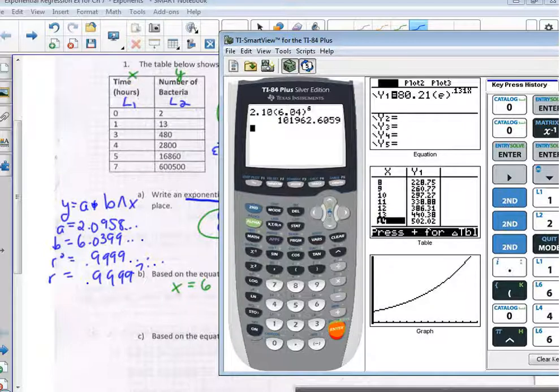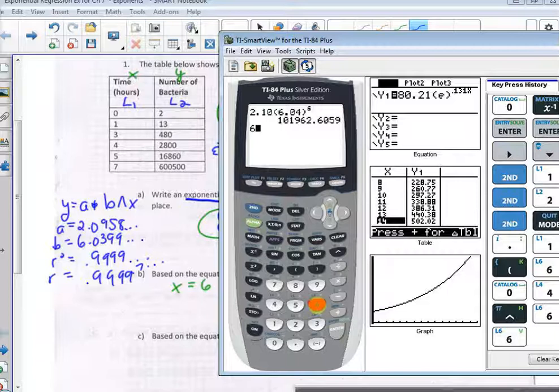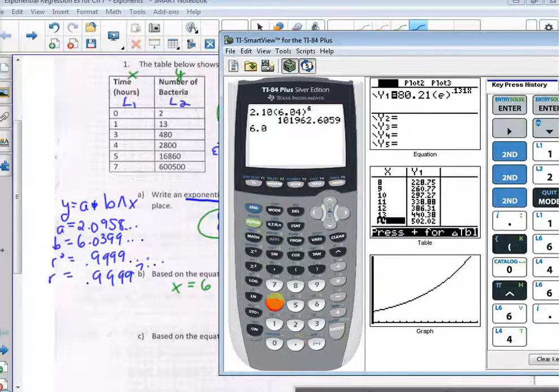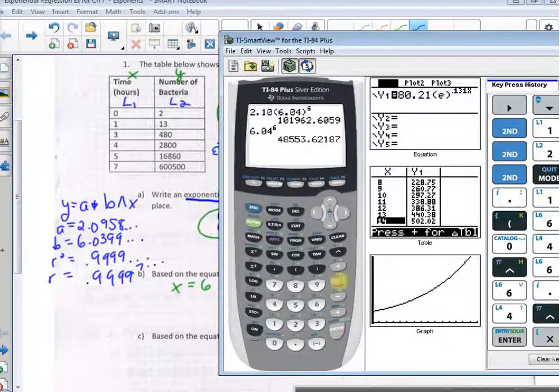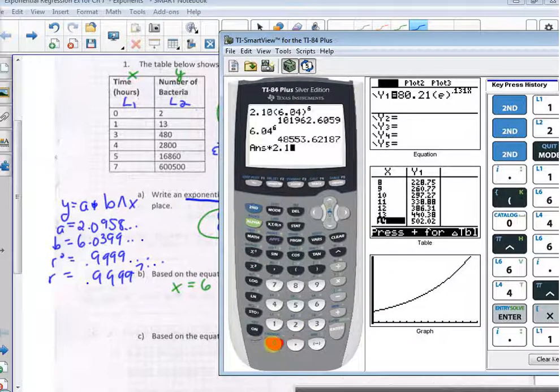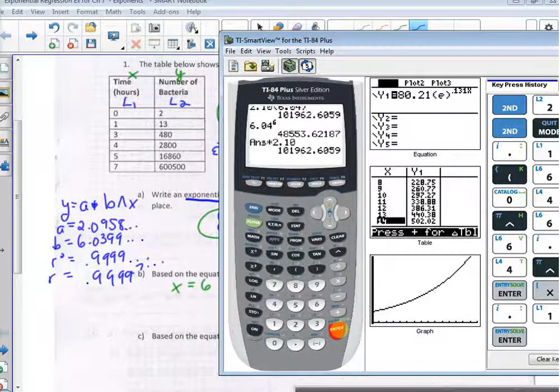You'd have to do the exponent 6 first to the 6.04, then take that answer times 2.10. So you'd have to do 6.04 to the 6th first, PEMDAS, times 2.10. And you get the same answer.